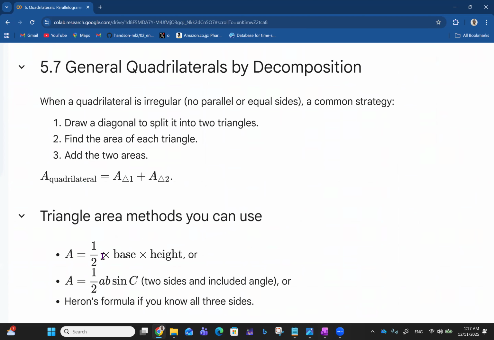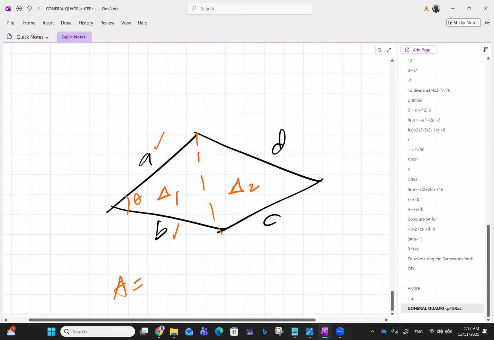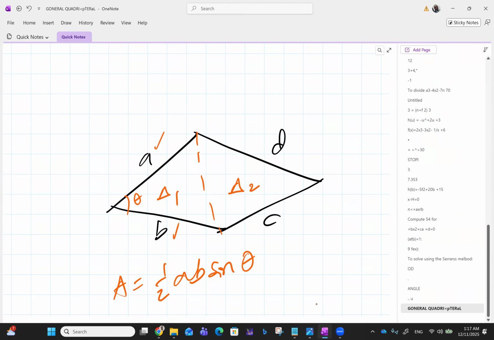So triangle area methods you can use: area is half times base times height, or area is half AB times sine C. That's two sides and the included angle. If you are given side A and side B, and you know the angle theta between them, the area is simply half A times B times sine theta. That'll be area one.